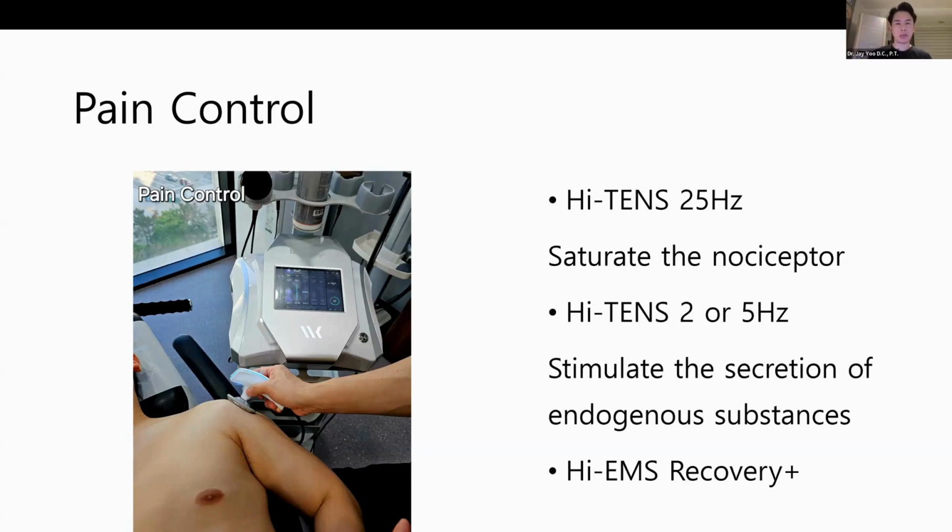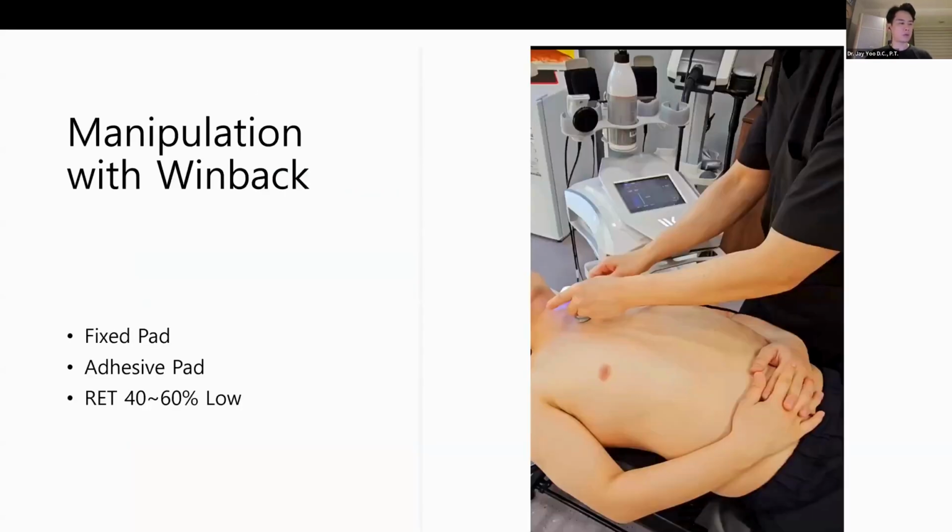When I do some rehabilitation or fitness, I do the WINBACK. After they finish it, I do recovery. Then it's very helpful. I'm a physical therapist and a chiropractic doctor, so I really like manipulation. Previously, without WINBACK, when I did the manipulation, I needed a lot of force, or sometimes the patient felt soreness after manipulation.